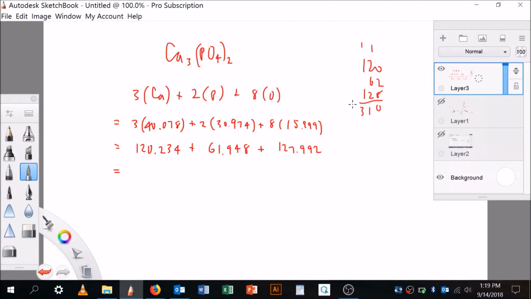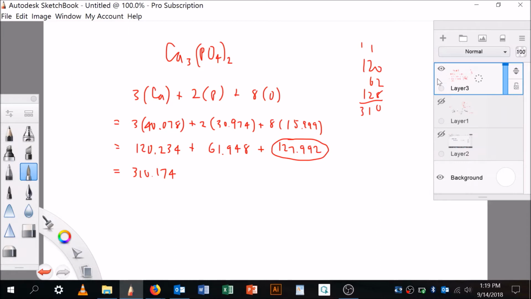So 127.992 is still in my calculator, plus 61.948 plus 120.234 equals 310.174. There's my 8 times oxygen, so I'm not going to have to calculate that twice: 127.992.